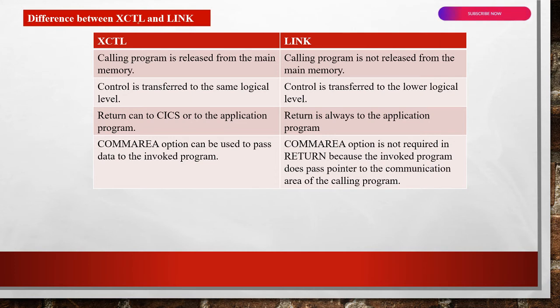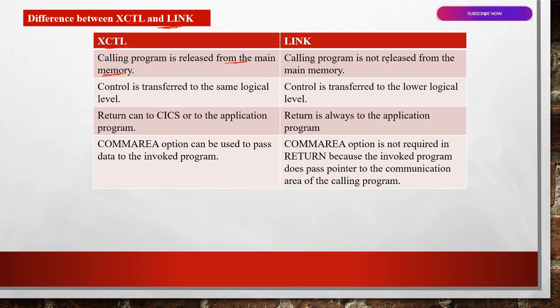And what is the difference between XCTL and LINK? In XCTL, the calling program is released from the main memory. Why? Because XCTL does not return the control back to the calling program from the called program.